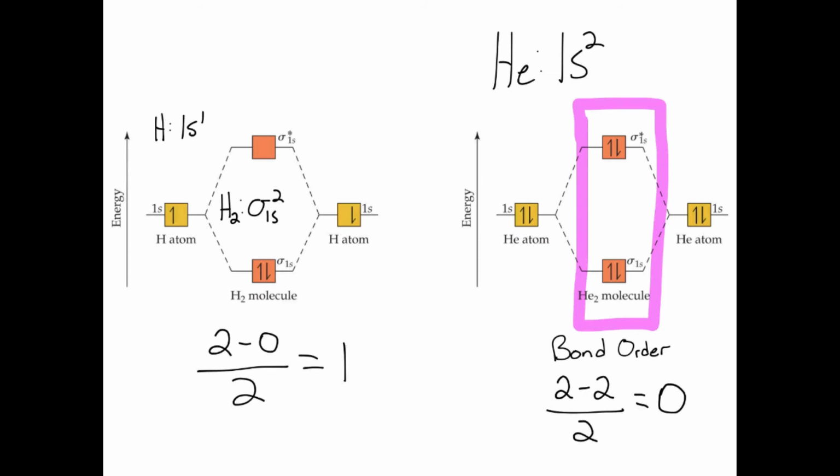So we're not using phrases from valence bond theory like sigma bond or pi bond. We are using phrases like sigma orbital. That's really the key. And we substitute the notion of a single or double bond with this notion of bond order. And we can say that H2 has a bond order of 1 and helium-2 has a bond order of 0. In other words, it doesn't exist.